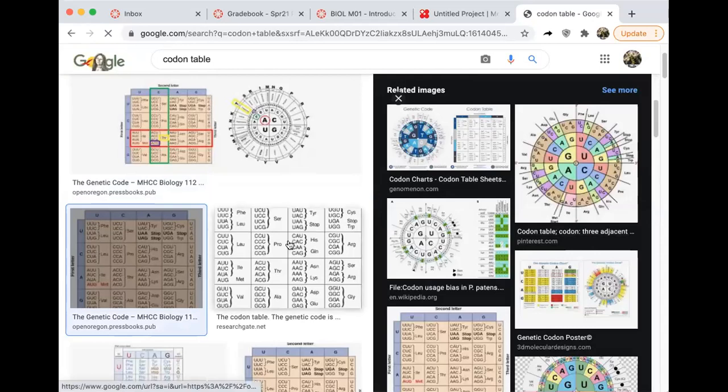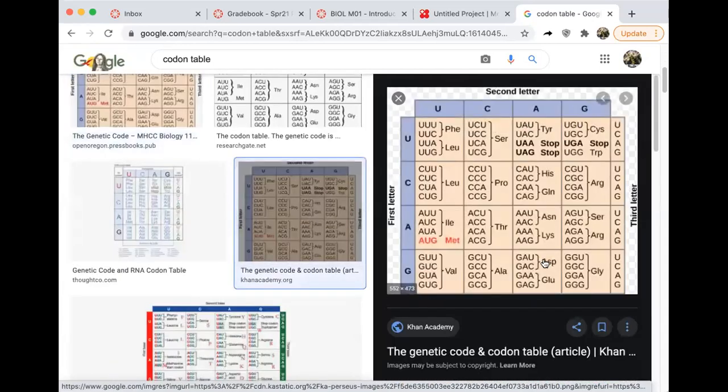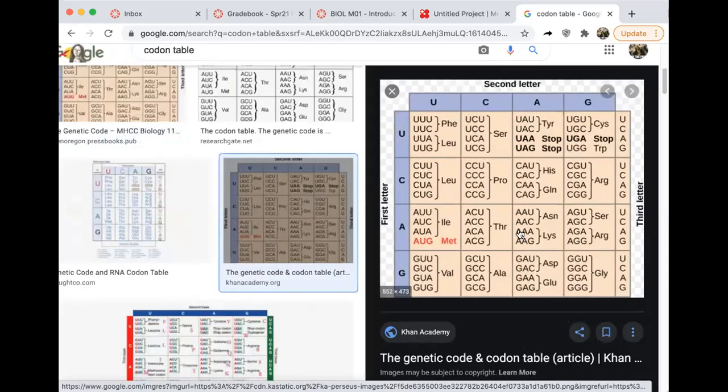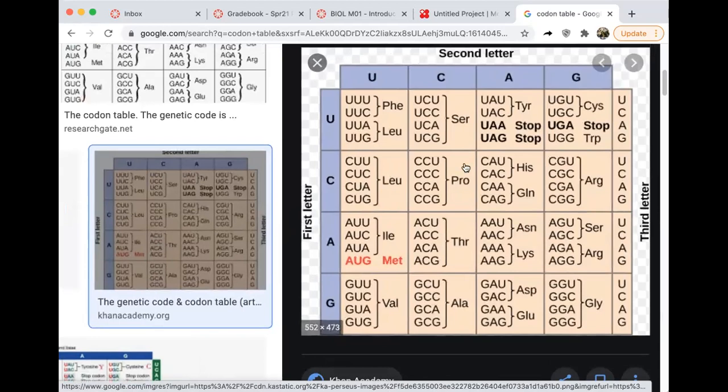So when you take your quiz and your exam that's coming up, you will need one of these codon tables. Well, actually, I'll give it to you, but yeah. So if you look here, these are all the codons that correspond with different amino acids. So what it does is the ribosome reads it and it's going to go, okay, CCA, that means I need to put in a proline.